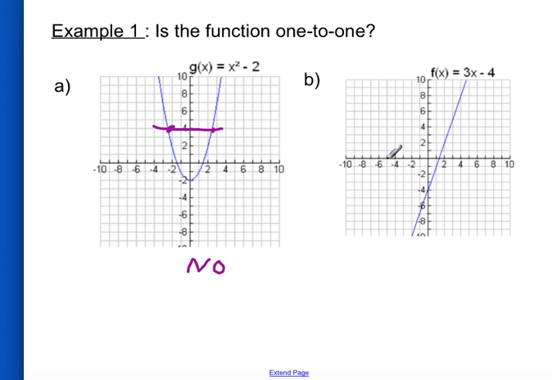As I take a horizontal line through my graph, it can only pass in 1 point. So in this one over here in letter B, is this function one-to-one? Well, yeah, as I take a horizontal line through there, it's only passing through 1 point at any given time. So yes, that one would be considered one-to-one.